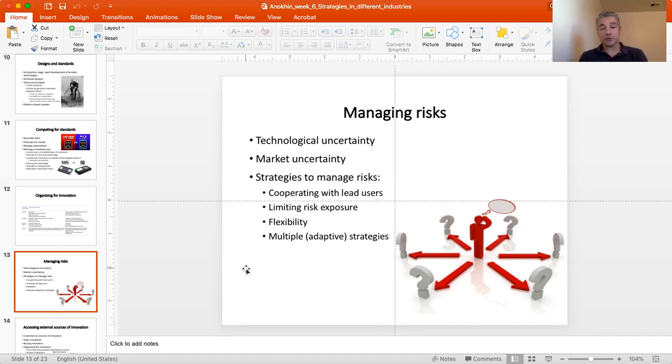There's also market uncertainty. If you come up with a product that's generally novel, you have no idea if the market will accept it or not. We already talked about Palm Pilots and other PDAs, personal digital assistants. When they were just introduced, no one wanted them. Electric cars have actually been around since before internal combustion engine cars, right?